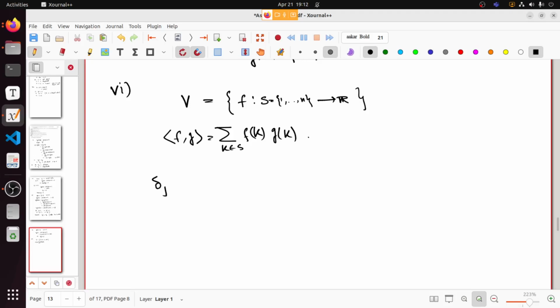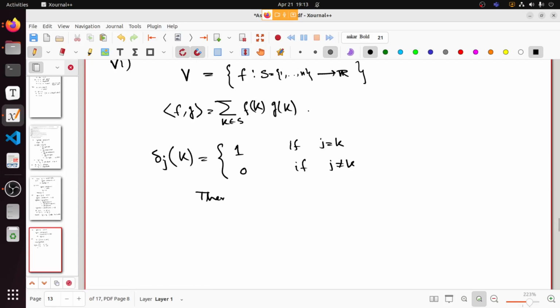Let's define delta_j. How is it defined? Delta_j of k is 1 if j equals k, and 0 if j not equal to k. Note that these are in V, because these are functions from S equals 1 to n to real valued functions.